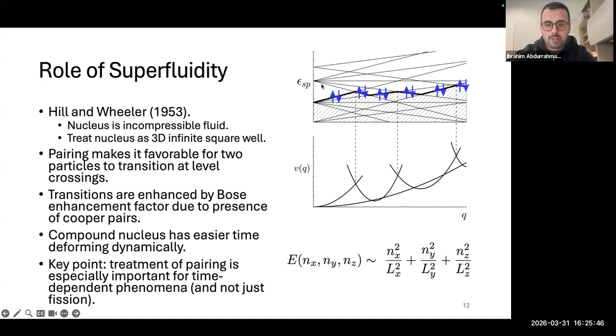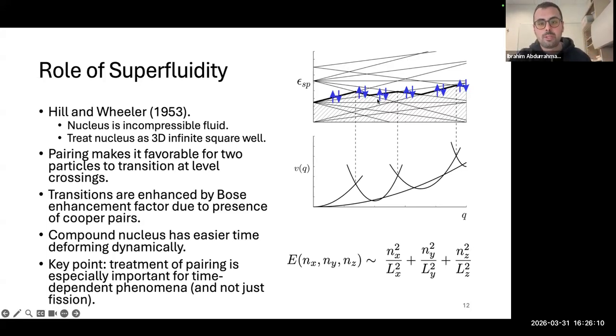At level crossings, so here, look at the top panel where you have a single particle level structure as a function of deformation. At level crossing, due to pairing correlations, it becomes energetically favorable to jump a pair of nucleons instead of just one.